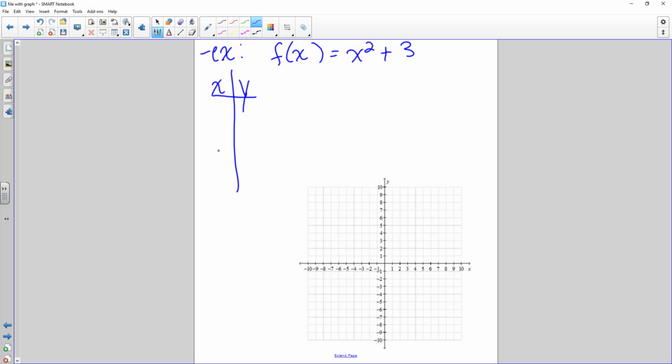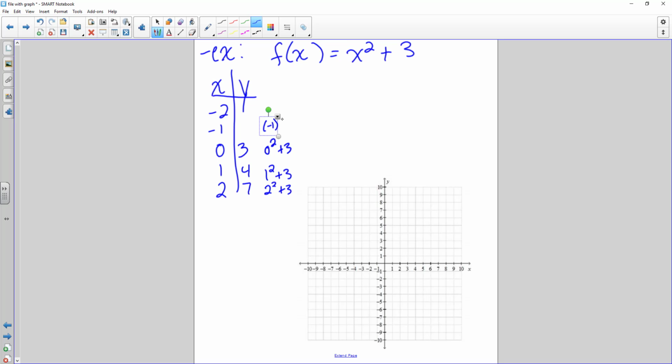If I again pick 0, 1, 2, and then negative 1 and negative 2, that should give us the pattern. If I plug in 0 for x, 0 squared plus 3 is 3. If I do 1, 1 squared plus 3, 1 plus 3 is 4. 2 squared is 4, plus 3 is 7.